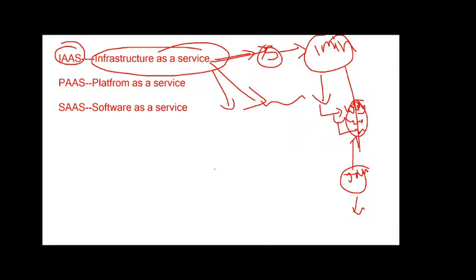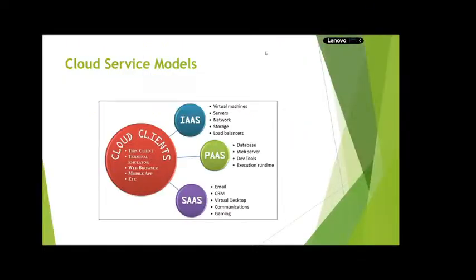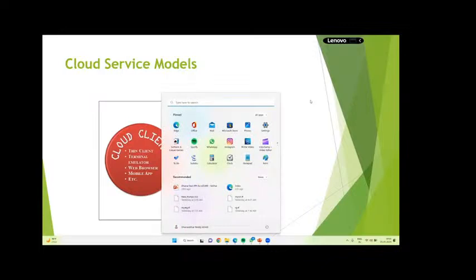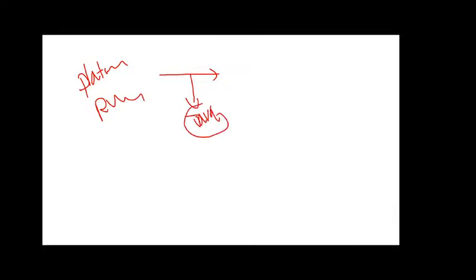Next, platform as a service. What is platform as a service? Any idea? The name itself describes it: they are providing the platform and runtime. For example, you have to deploy one Java application. Java code is ready with you.